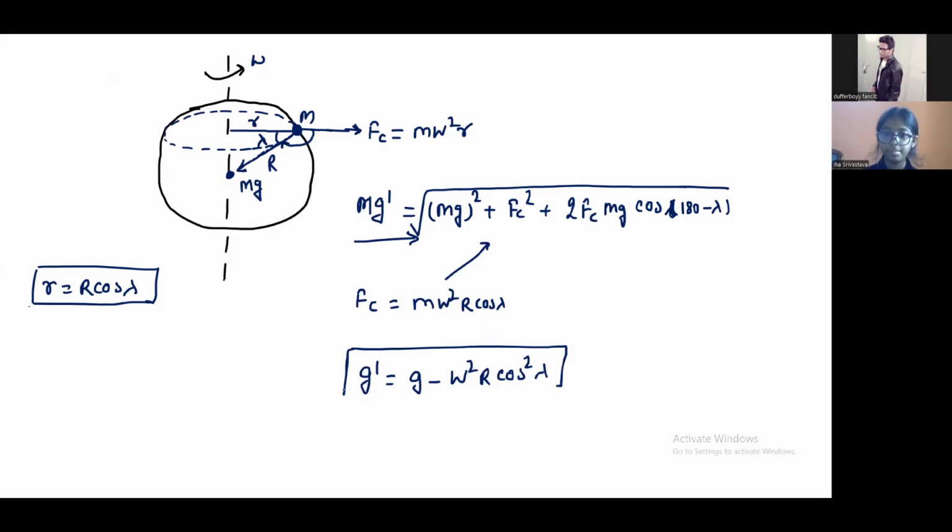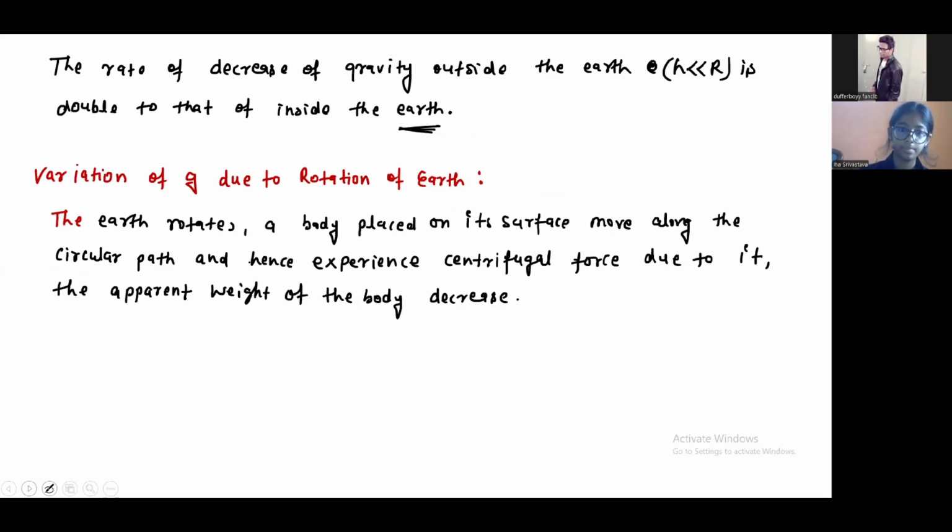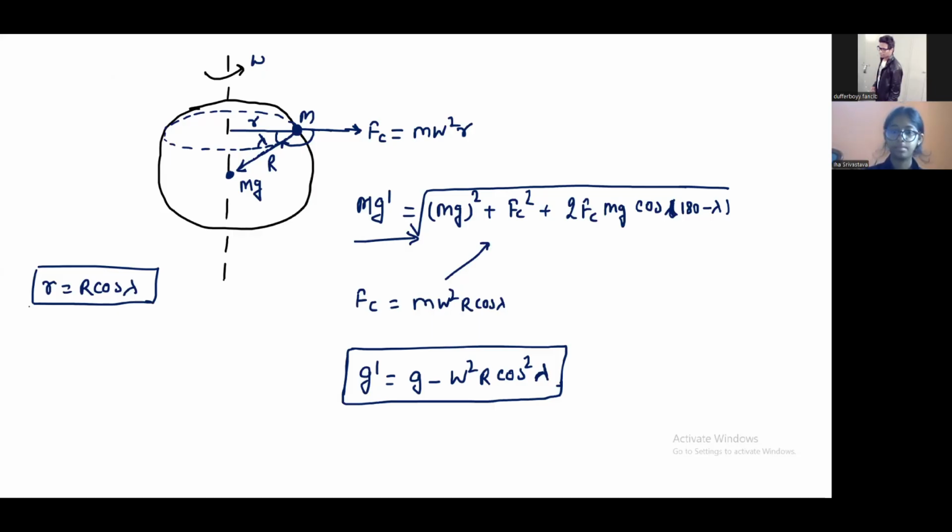Write it fast and then I will move to the next point.